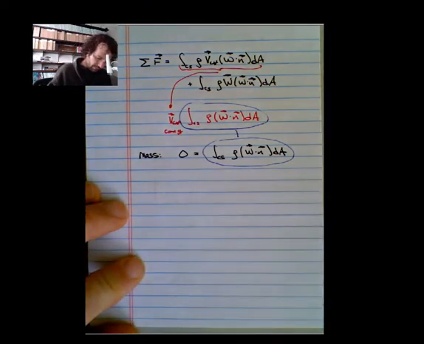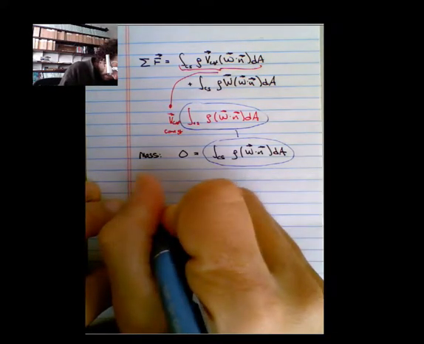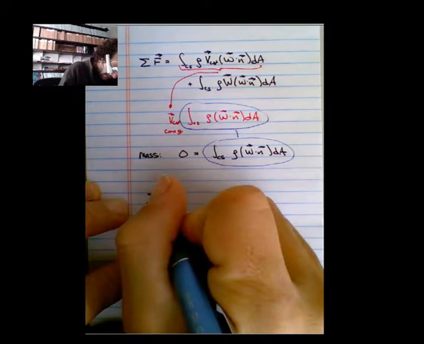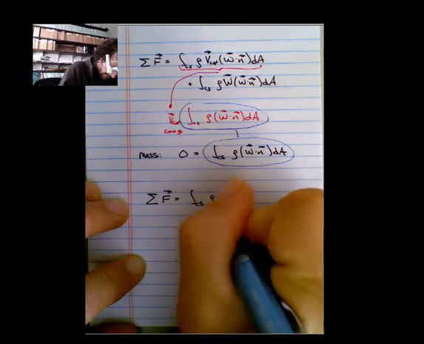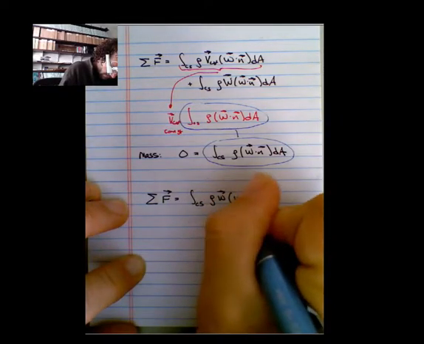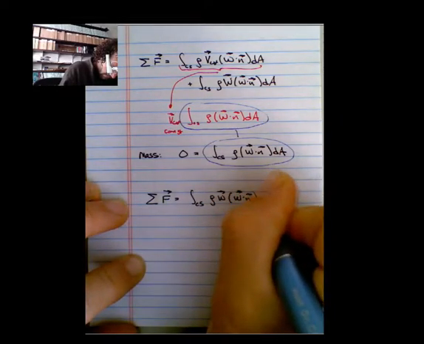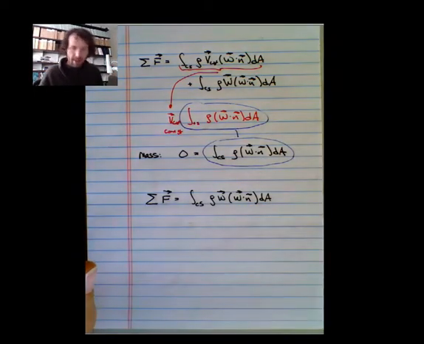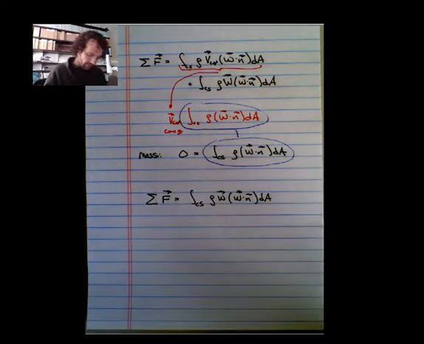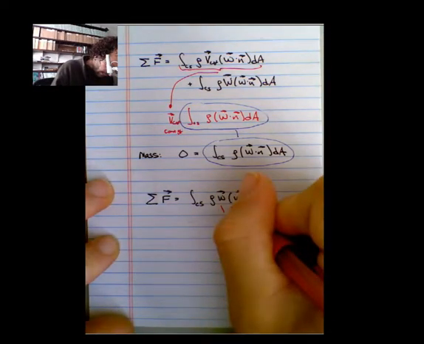And we get our final result. Which is that. Now there's only one velocity we need to use. We just use velocities relative to the control volume.